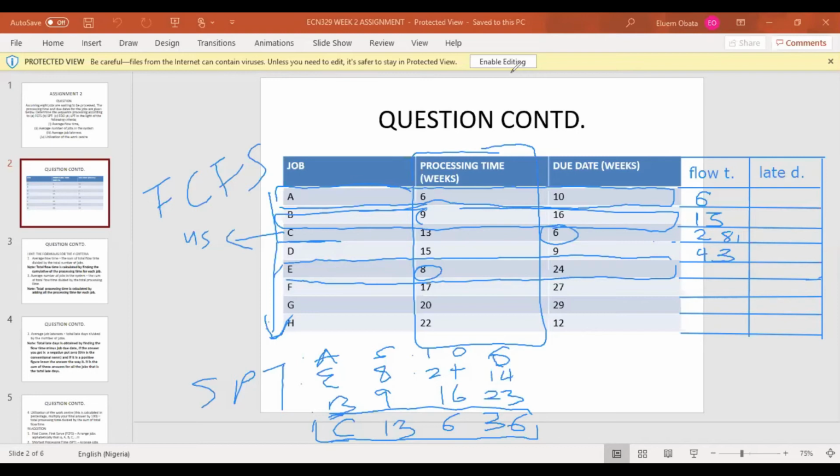Due date was 10 weeks for A and they took 6 weeks to move through their entire system, including waiting for whatever job came before A, which was no job, and the processing time of A. So the late days will be 6, which is your flow time, minus 10, which gives -4, meaning they were actually early by 4 days. However, when calculating late days, we do not consider negative figures because they were not actually late. So we will put 0 right here.